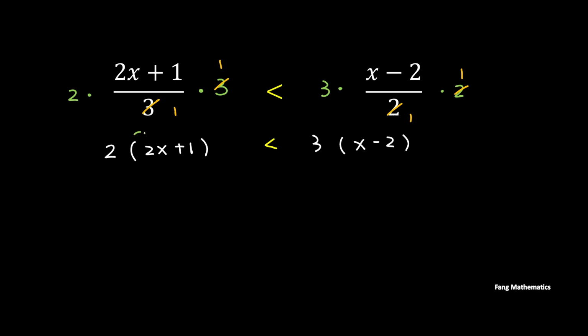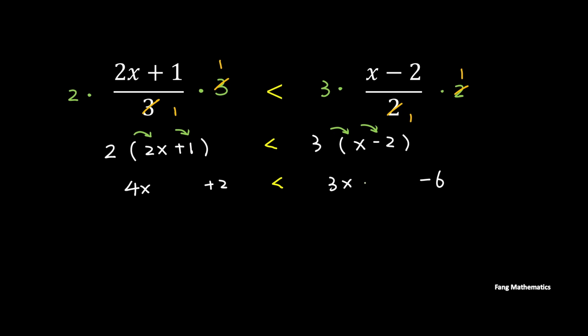You now should simplify the parentheses by distributing the multiplier to each term inside the parentheses, and we are to do it. I believe you should get 4x plus 2 on the left, and on the right you should get 3x minus 6. The sign keep unchanged, and now we are to solve the inequality like equality.